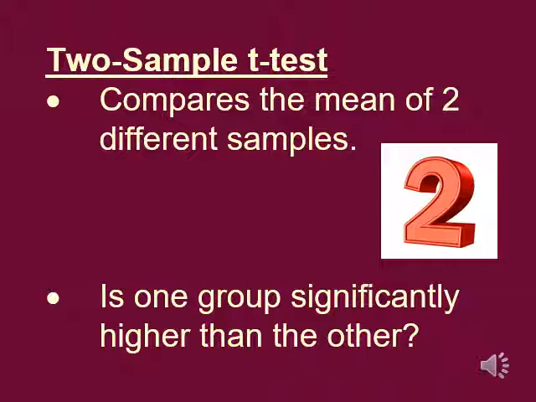You're going to compare the mean, the average, of two different samples, like men or women, or blacks and whites, or what people's grades were like when we did class face-to-face and what they're like when you do online classes. You look at those two groups and you want to see, is one of them significantly higher than the other one?